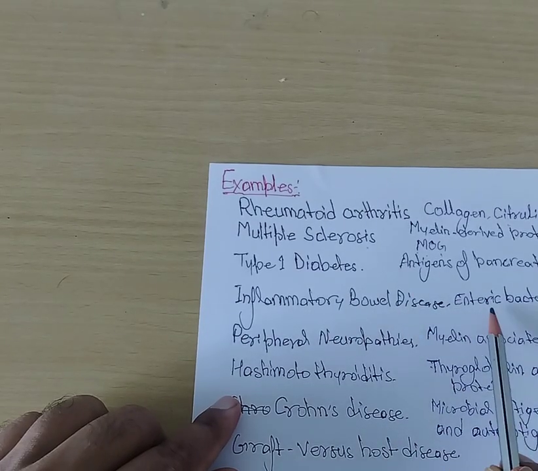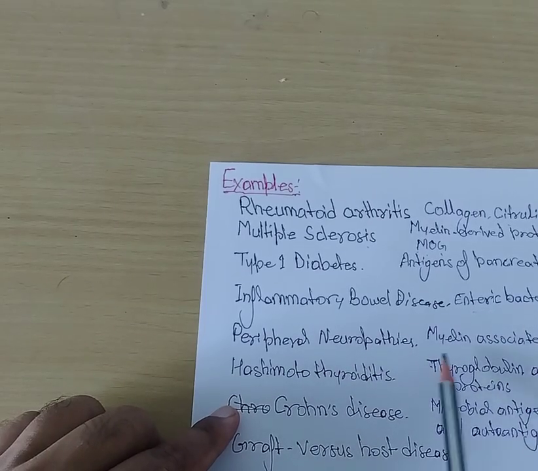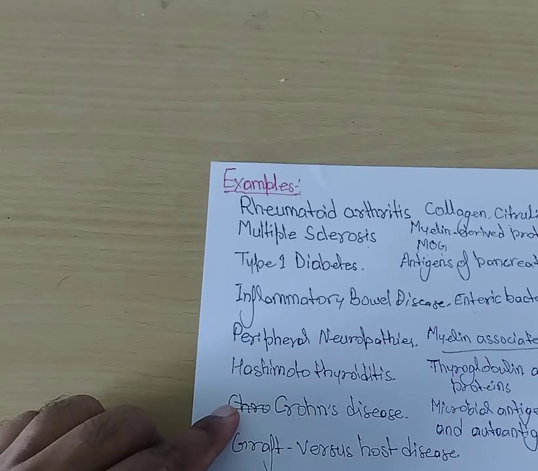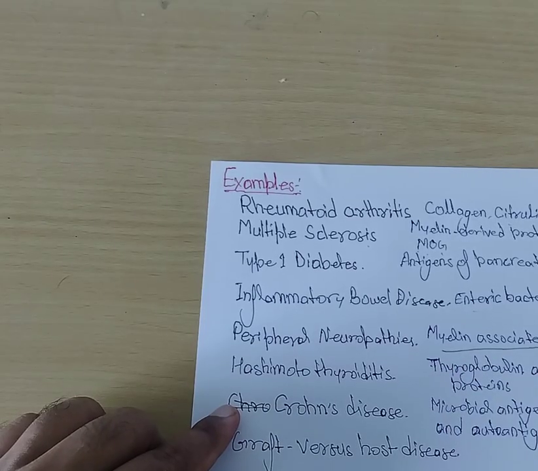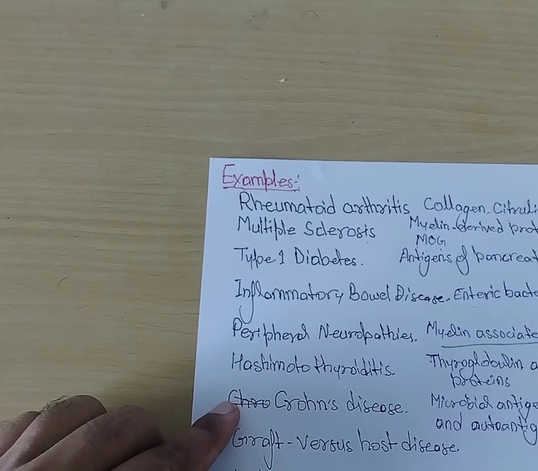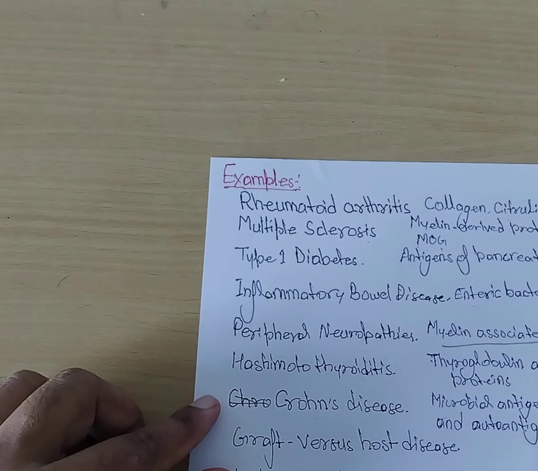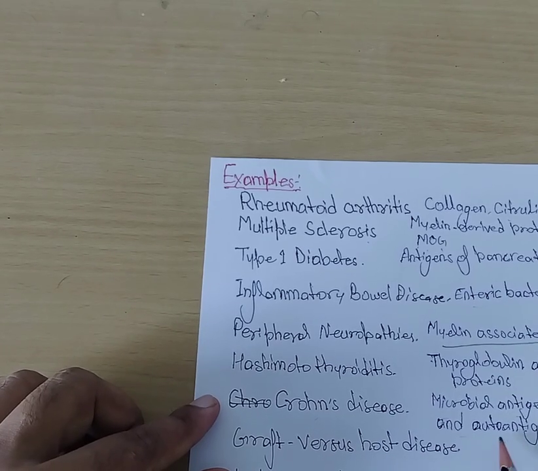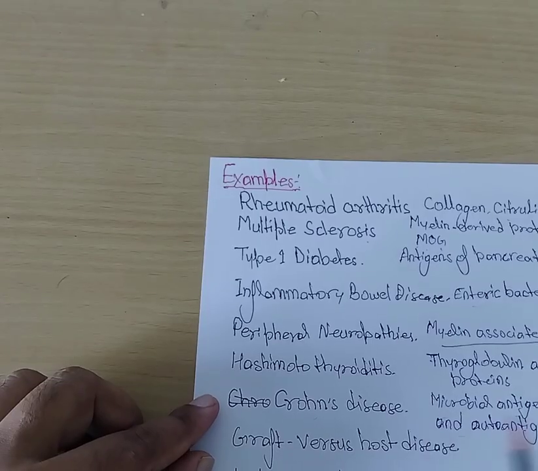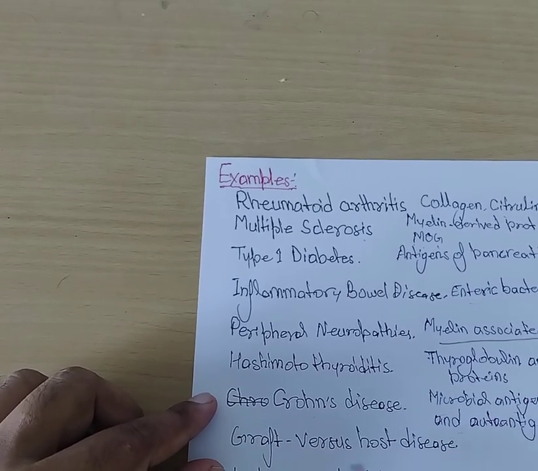Inflammatory bowel disease, here enterobacteria act as a self-antigen. Peripheral neuropathy, here myelin associated protein is the antigen. Hashimoto thyroiditis, thyroglobulin and other thyroid proteins act as antigen. Crohn's disease, microbial antigens like flagellin and autoantigens like GP2 act as antigen.